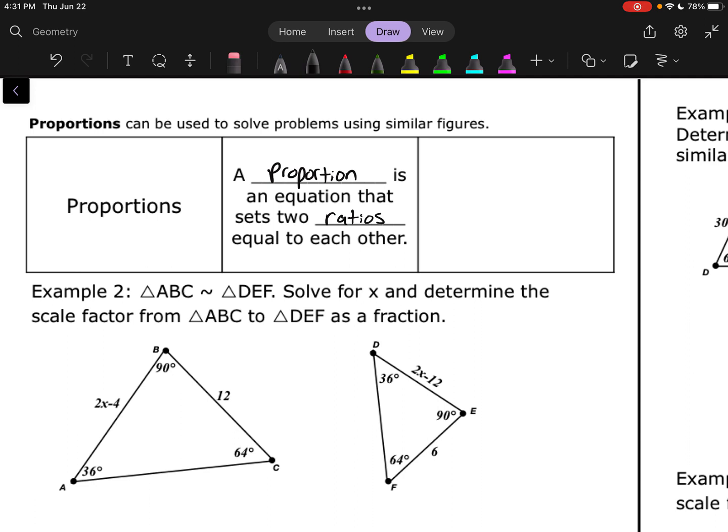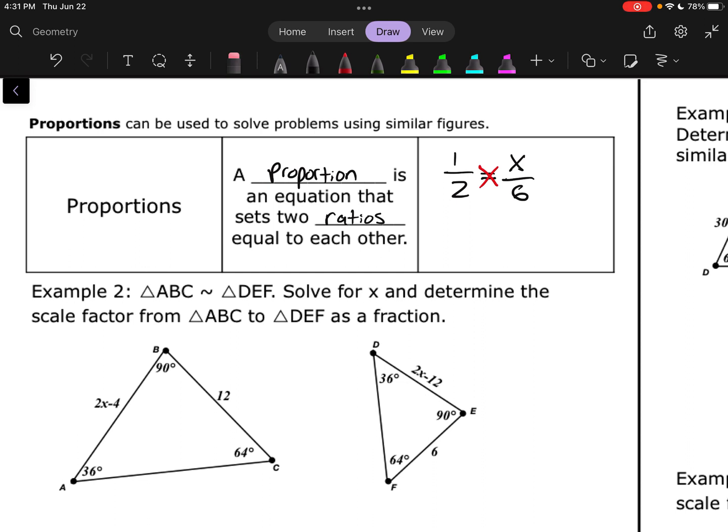So let's say we know that the ratio of 2 corresponding sides is 1 over 2. And we know that for another set of sides, we don't know what one of them is, but we know the other one is 6. So if I set these 2 ratios equal to each other, 1 over 2 and x over 6, then the most commonly seen way of solving a proportion is cross-multiplying.